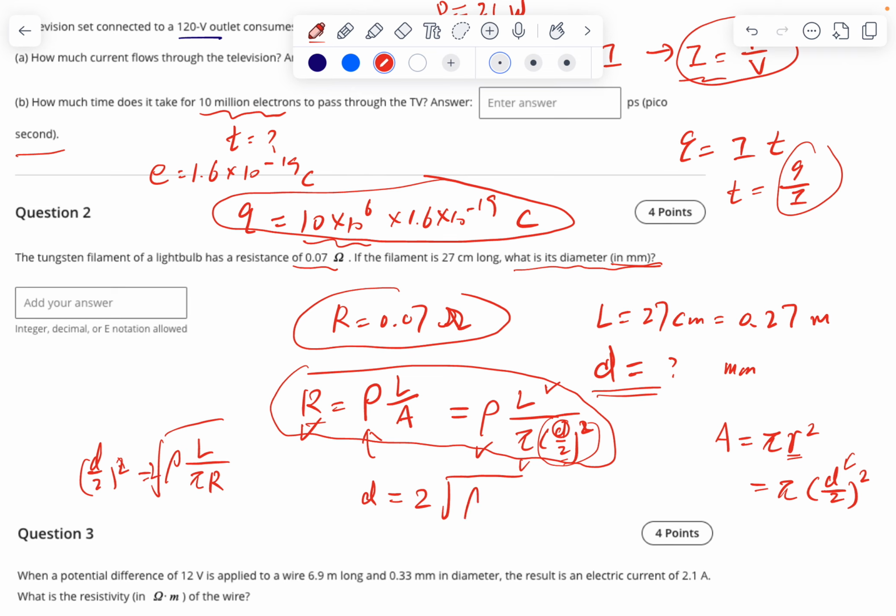So this is rho L over pi R. That's it. Just plug in everything you know from the book, and remember whatever you get here is in meters, and then you turn meters to millimeters: whatever you get times 10 to the power 3.